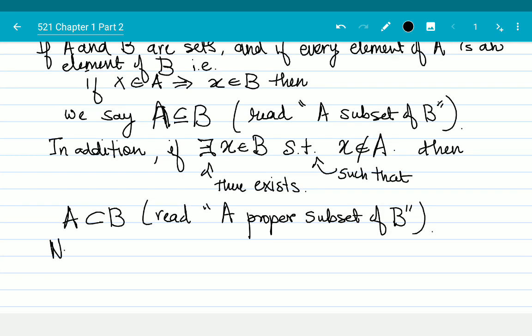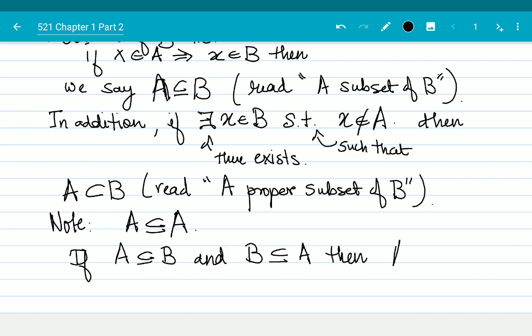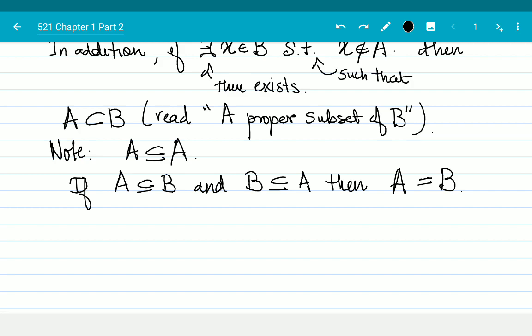Note, A is always a subset of A. And if A is a subset of B and B is a subset of A, then we call the sets A and B equal. That means the two sets are equal.